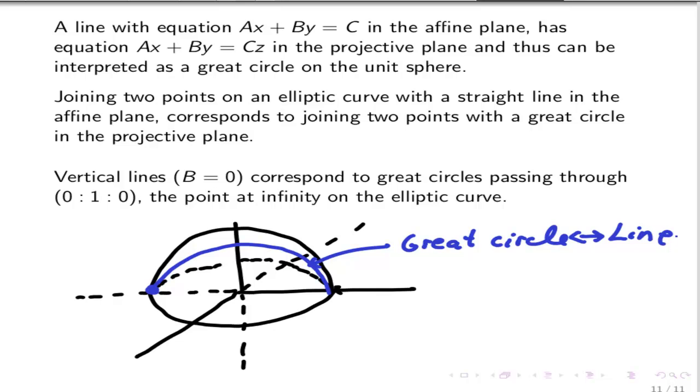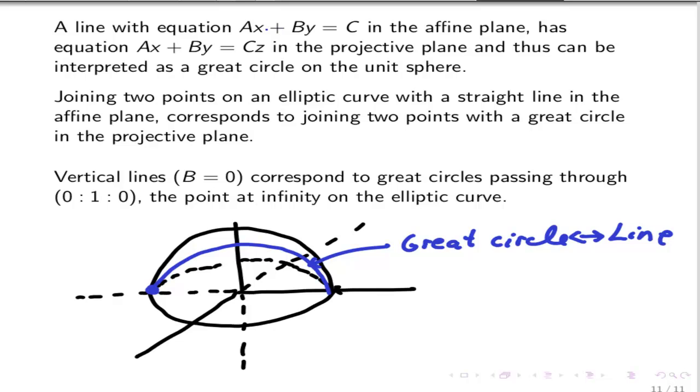Okay, now, what was the problem we had with our elliptic curve before? We had a problem with vertical lines. When we had vertical lines joining 2 points on the elliptic curve, we said, well, there's no other point where it intersects the curve. So we threw in this point at infinity. So what does a vertical line look like in this model? On a vertical line, b equals 0.